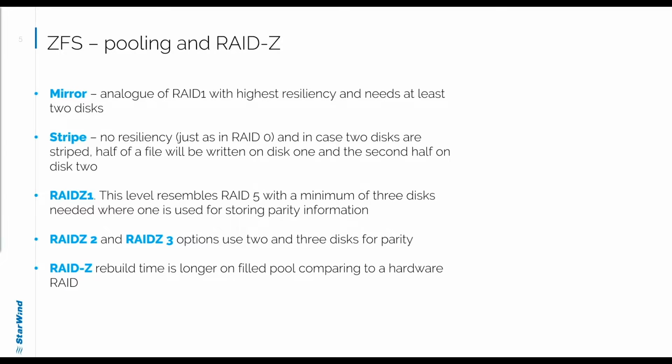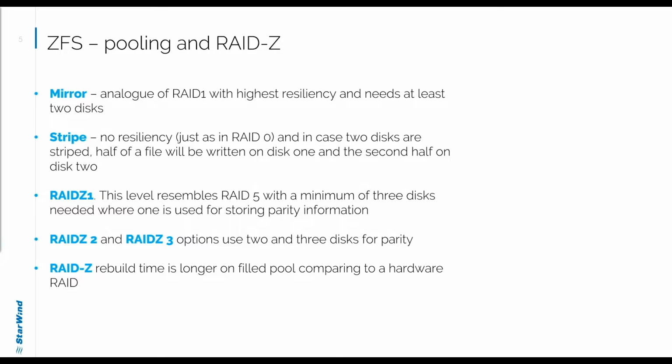RAID-Z1 resembles RAID 5, with a minimum of 3 disks needed, where one is used for storing parity information. Apparently, one disk can fail, leaving the data still safe. RAID-Z2 and RAID-Z3 options use 2 and 3 disks for parity correspondingly.